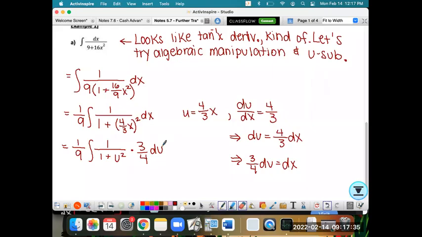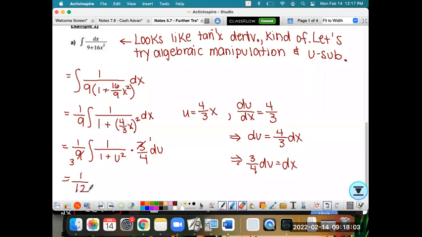And then I can technically take that 3/4 and move it again as a coefficient in front of the integral, since it's just a coefficient being multiplied by the integrand. I'm just going to reduce that right now. 3/4 times 1/9 is 1/3 times 1/4, or 1/12.